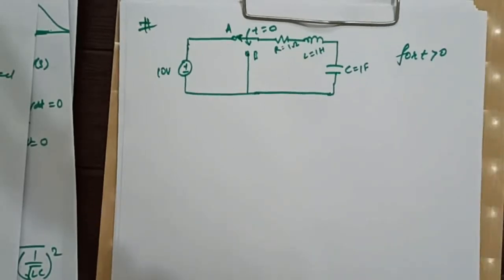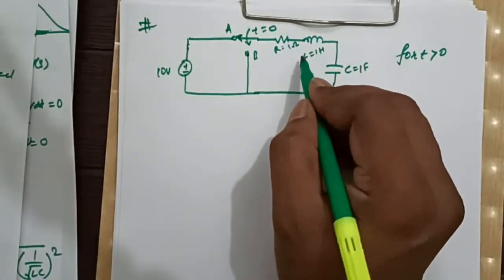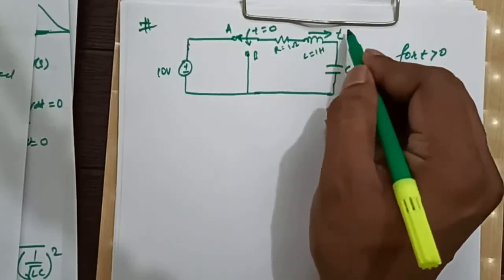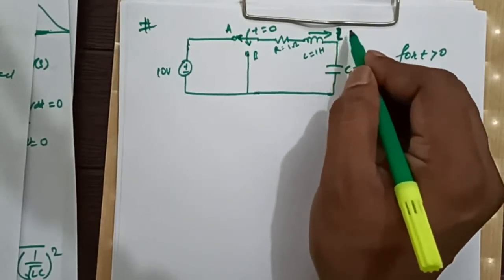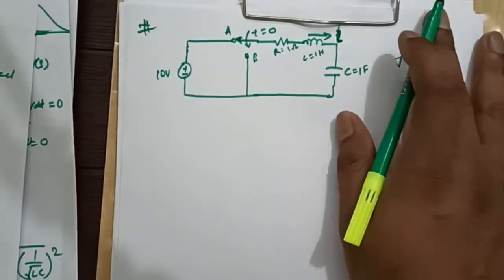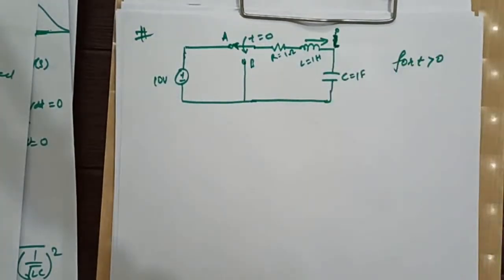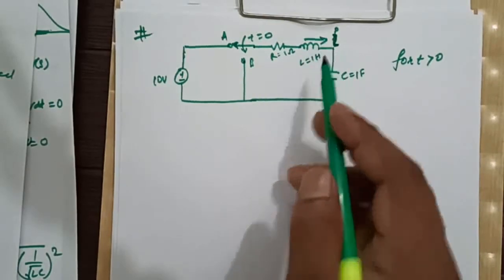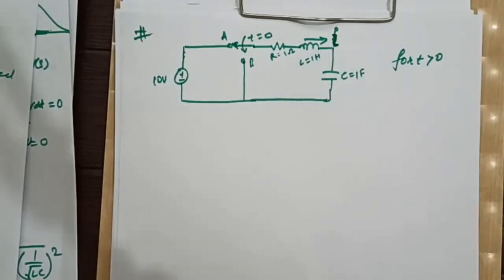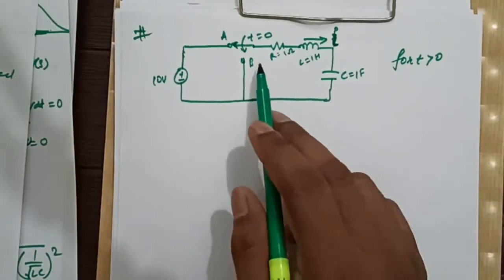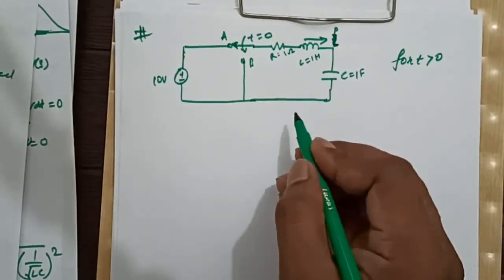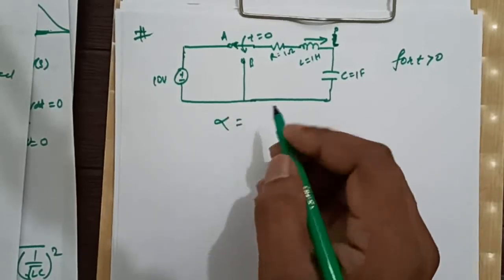for t greater than 0, what will be the nature of response, right? If we consider this as I, then what will be the nature of this I after time t equal to 0? Now see, first of all, since this is a series RLC circuit, we have to find out the values of alpha and omega naught.